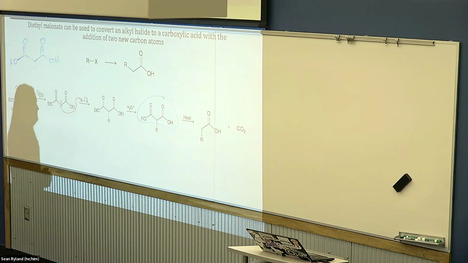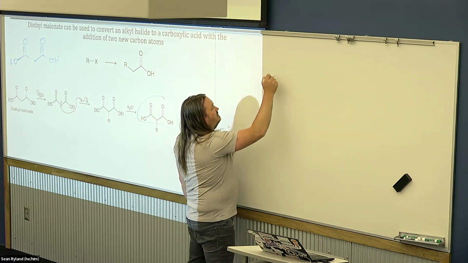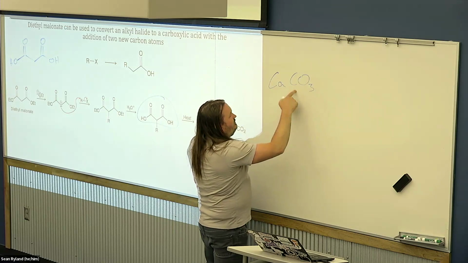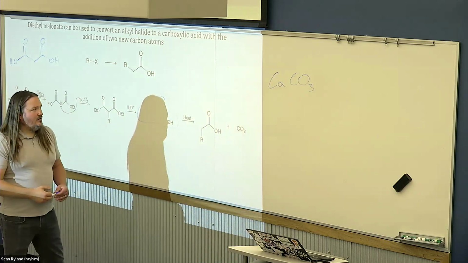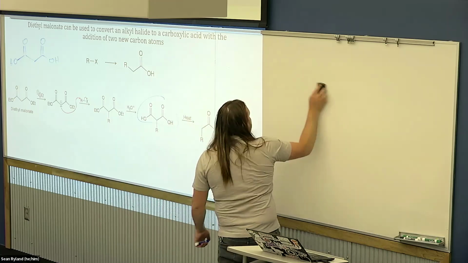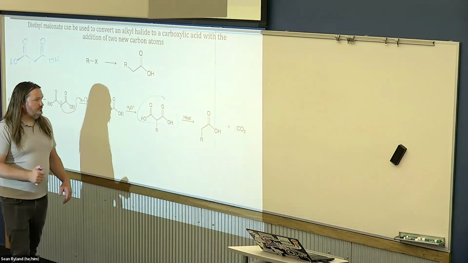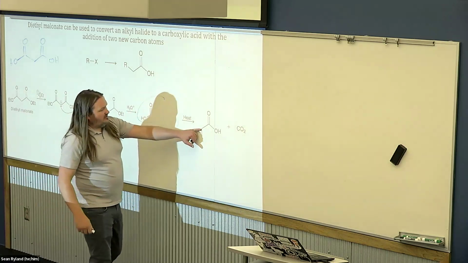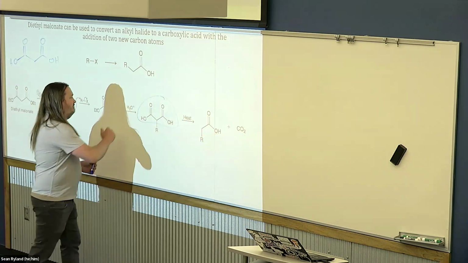Right. That's usually calcium carbonate. When you heat it, you drive off the CO2 and you just get calcium oxide. So that's technically decarboxylation as well, anytime you heat something and you make CO2 out of it. Right. And then that gives us our net result of we added two carbons, the second of which is an acid.